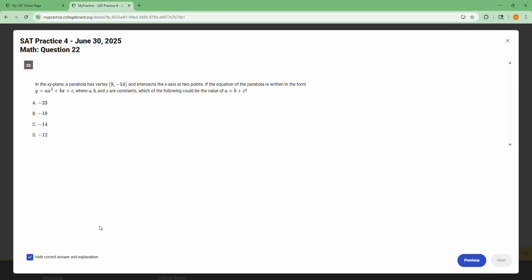And that's all the information that you need right here. If A plus B plus C is 64A minus 14, and a is greater than 0, then which would be the value of 64a minus 14?